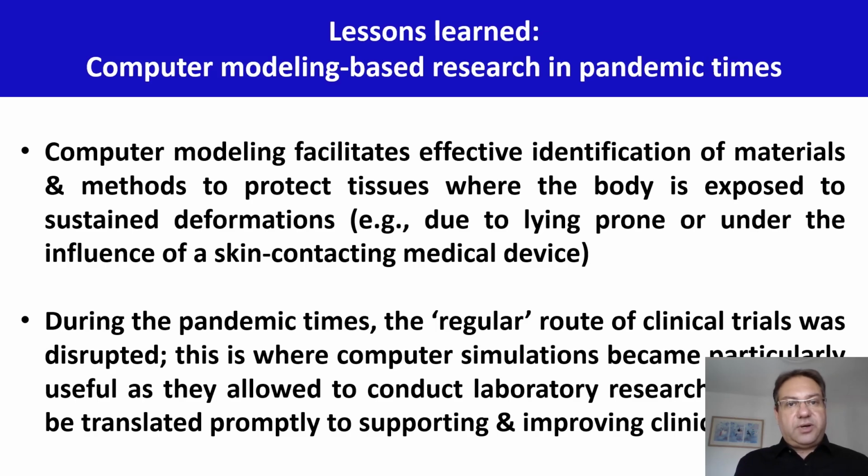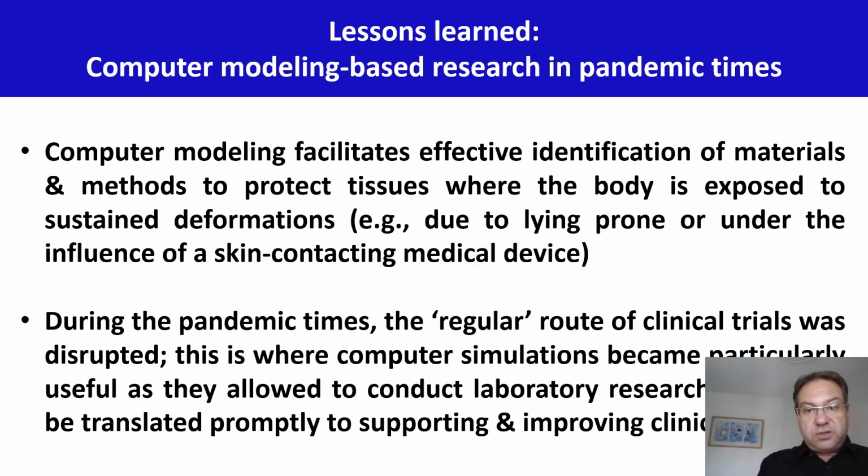So, to summarize, computer modeling-based research, particularly in pandemic times, is very effective because it allows identification of materials and methods to protect tissues where the body is exposed to sustained deformations, either due to body weight forces or due to medical devices.